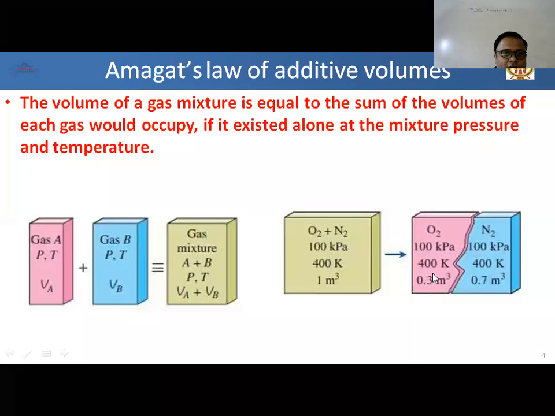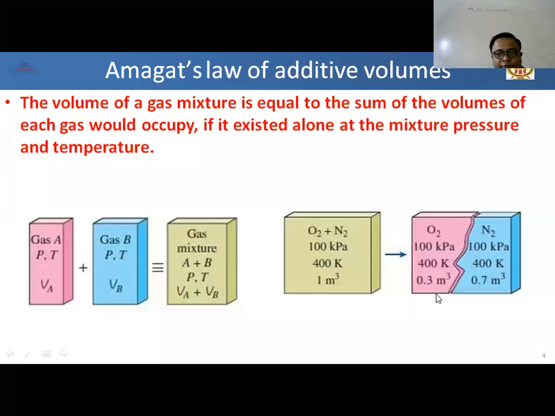On the other side, Avogadro's law of additive volumes: the volume of a gas mixture is equal to the sum of the volumes each gas would occupy if it existed alone at the mixture pressure and temperature. This is also explained following Dalton's law, which I already discussed. In this case also, the gas mixture volume is VA plus VB. Considering two gases, gas A is oxygen and gas B is nitrogen, at 100 kilopascal pressure, 400 Kelvin temperature, and 1 meter cube volume.